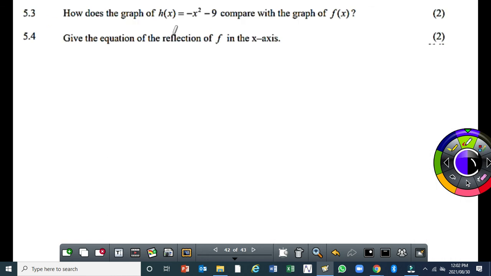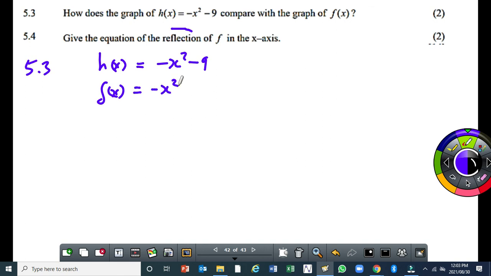Okay, and then how does the graph of h of x equal to minus x squared minus 9 compare with the graph of f of x? So for 5.3, remember, we have h of x given as minus x squared minus 9, and our f of x is given as minus x squared plus 9.